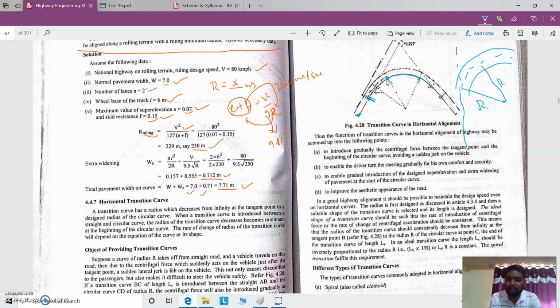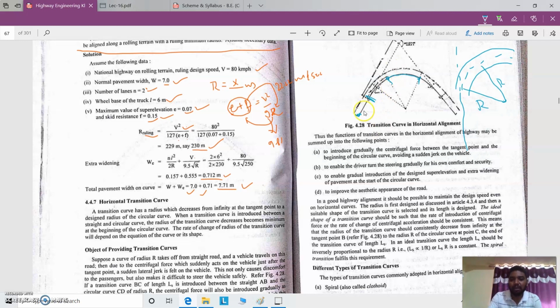And the next thing, it enables gradual introduction of the design super elevation. Whenever we are talking about a curve, super elevation will also be there in mind. Whenever the speed and the centrifugal force are gradually introduced, along with this the super elevation is also gradually increased, and the extra widening of the pavement can also be provided on the circular curve.